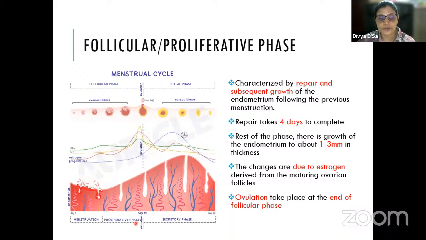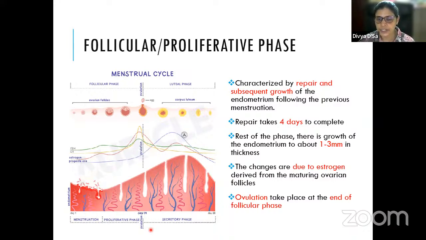Ovulation will take place at the end of the follicular phase. The proliferative phase, on average, takes about 14 days. So on the 14th day there will be ovulation in a normal 28-day cycle. So what we have to remember is that it is characterized by the repair and subsequent growth. That is the proliferative phase.